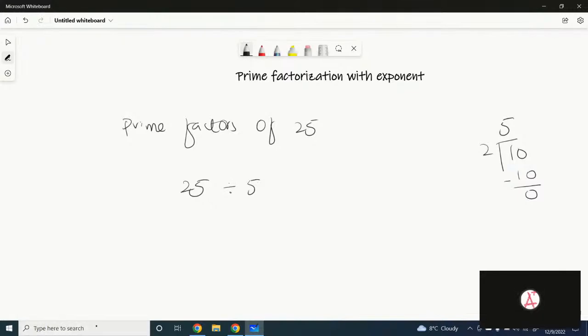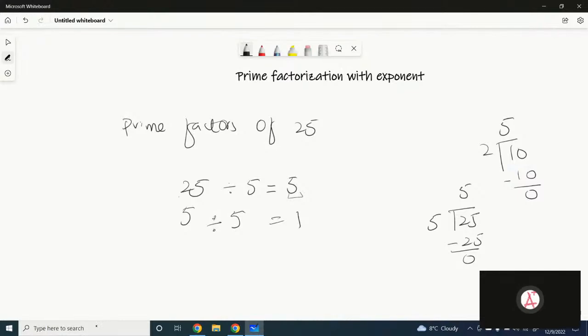Got it? So 5 times 5 is 25. So here you have the answer 5. Now you have to divide this 5 by the smallest prime number. The smallest prime number that can divide 5 is 5. So 5 divided by 5 is 1.